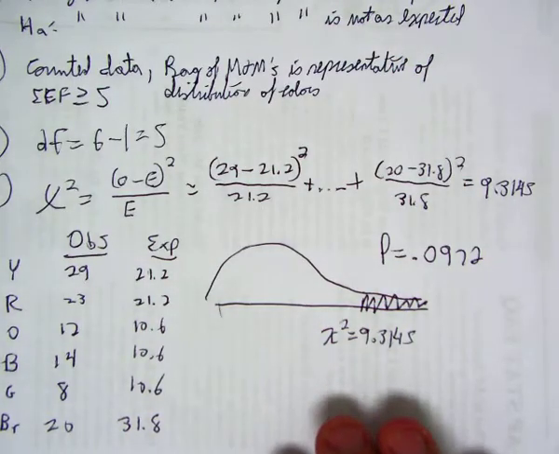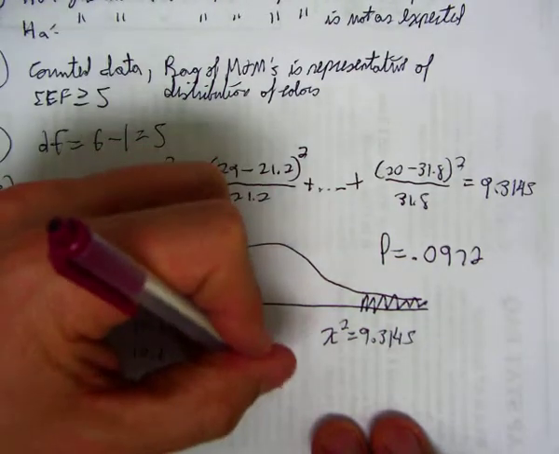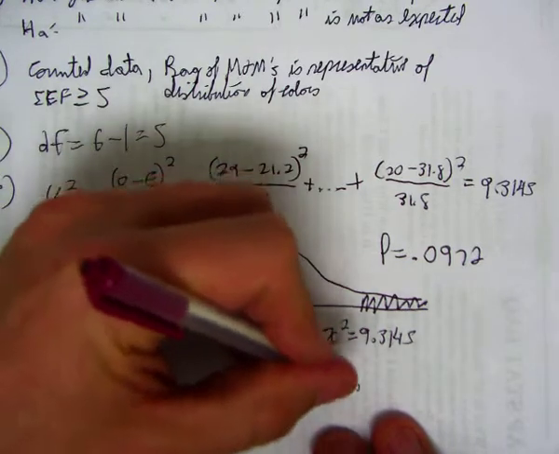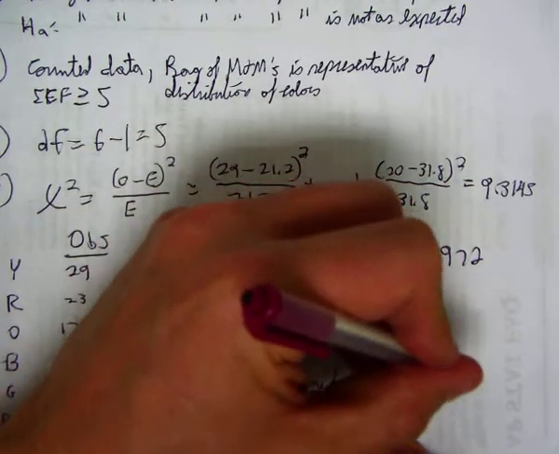And then F is, actually, we already did E and F. This is G, so we fail to reject at the 0.05 level.